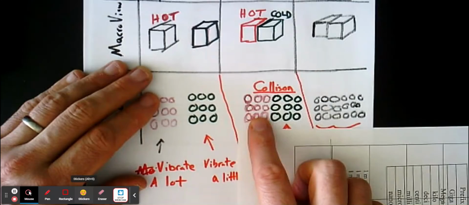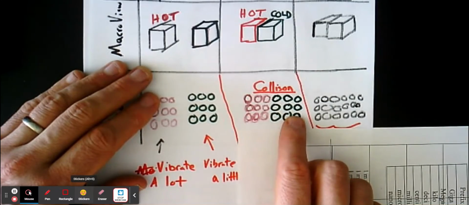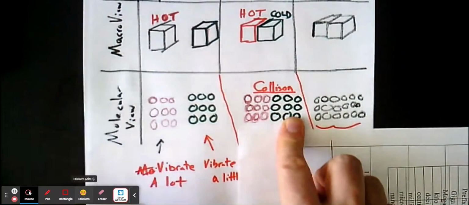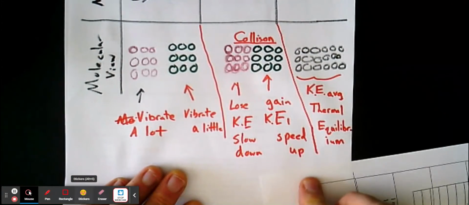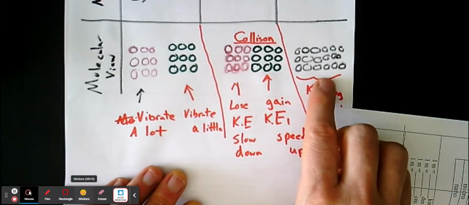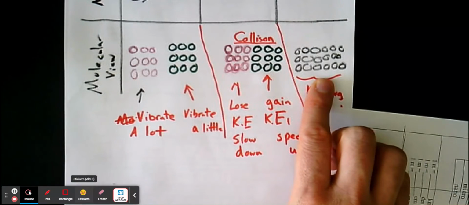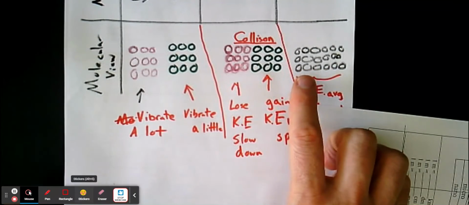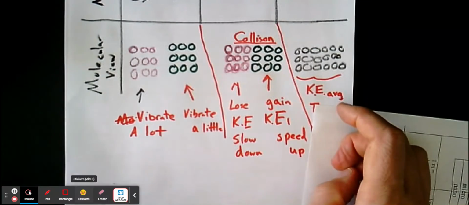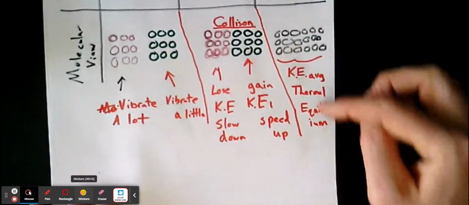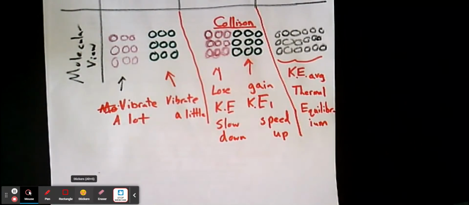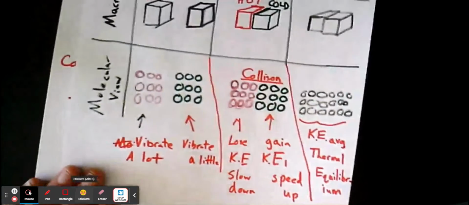Their temperature will go down, and these will gain kinetic energy, and they will speed up. All right. Now, eventually, it's going to reach a uniform temperature where everything is the same and everything's moving at roughly the same kinetic energy. And that is what we call thermal equilibrium, when everything is mixed in together.